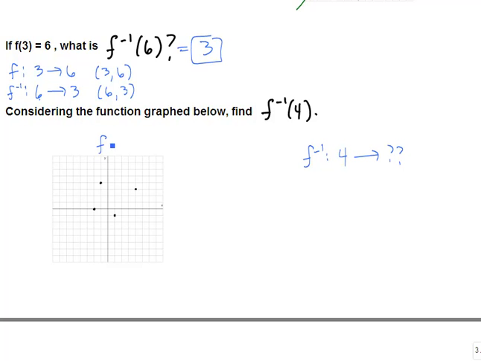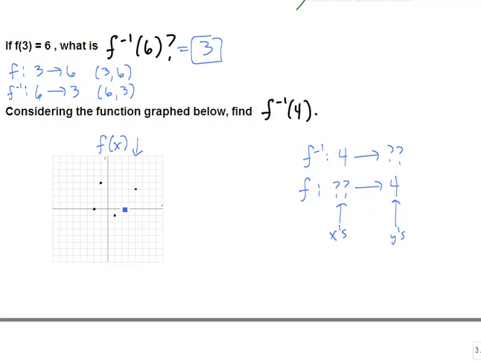This graph here is the graph of the original function f. So if I can look at the graph of f, what should I be looking for? Because of this inverse relationship, 4 gets sent to something on f inverse, so that same something needs to get sent to 4 on the original function f. These are your x values, these are your y values.